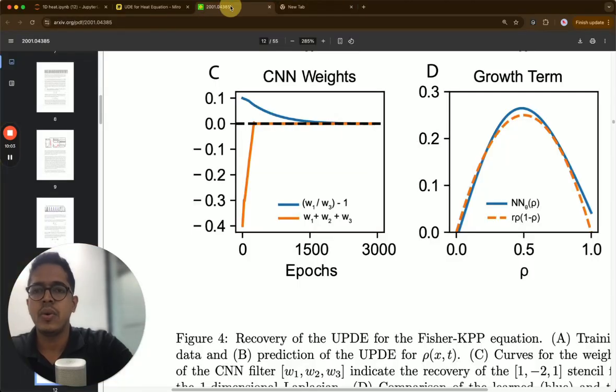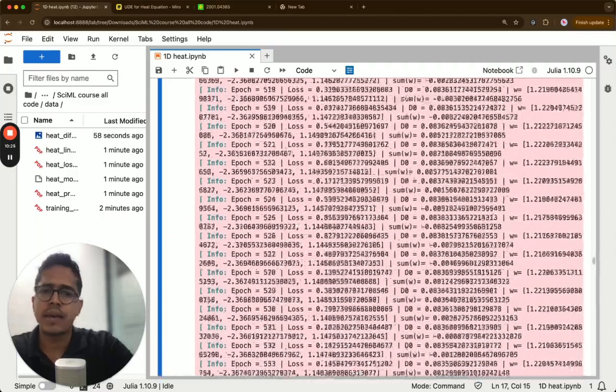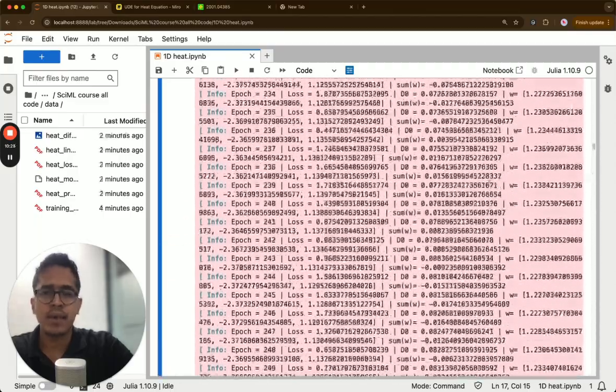Pretty close to 0. Similarly, for them, W1 plus W2 plus W3 is again close to 0 after a certain number of epochs. So here you can see that they have probably run around 300 epochs or something like that. I have run to 500 epochs. So for us, the sum is 0 minus 0.001. Actually, we can add the sum and the ratio minus 1.